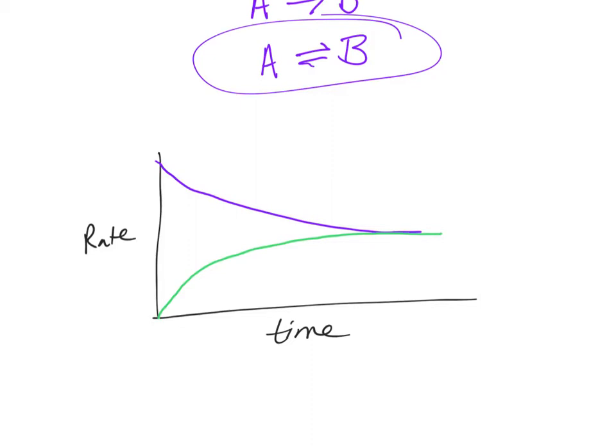But the main idea is that after some point in time where these two lines overlap, we have dynamic equilibrium. And at that point, the rate of formation of products is equal to the rate of formation of reactants.